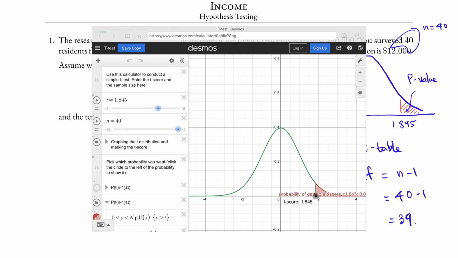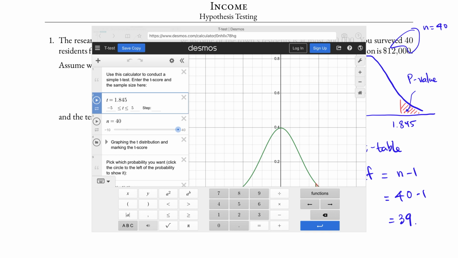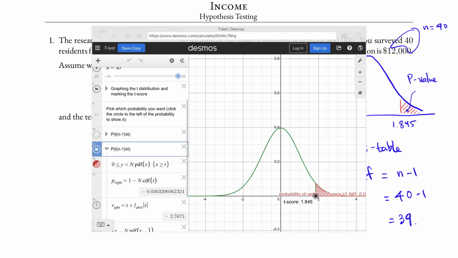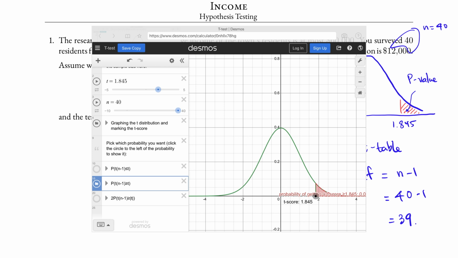If we were to use the Desmos calculator for the t-test, we would need to specify the t-test statistic, which is 1.845, and the sample size, not the degree of freedom, but n. n is the sample size. With this particular test, we have three options: the right tail test, the left tail test, or the two tail test.